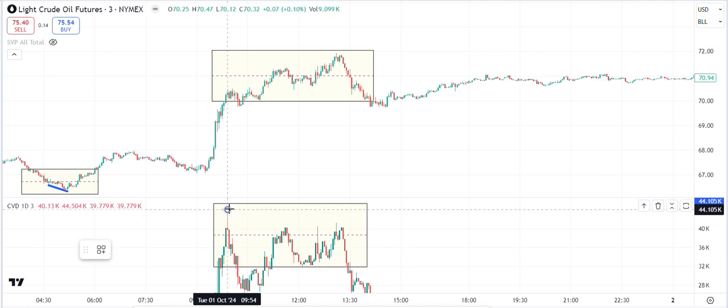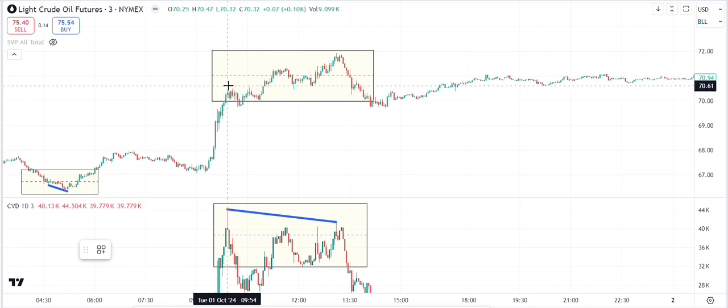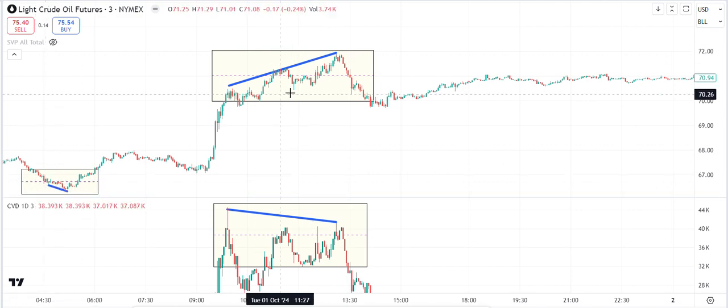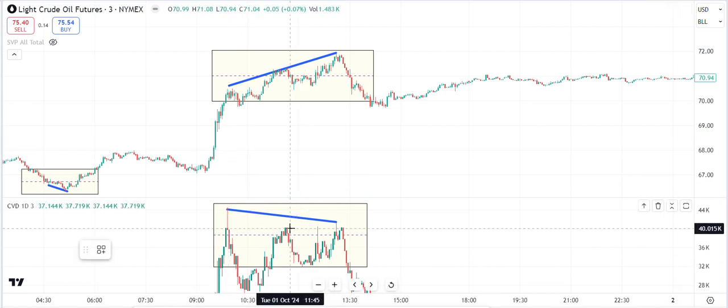Like here, for instance, this high and this high versus this high and this high. So here, this is a clear exhaustion, just like early on in the day. How the move started was from exhaustion, and how the move ended now is from exhaustion. And you can see here as well.